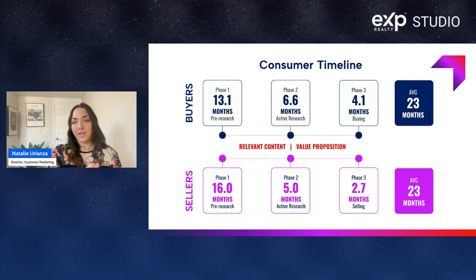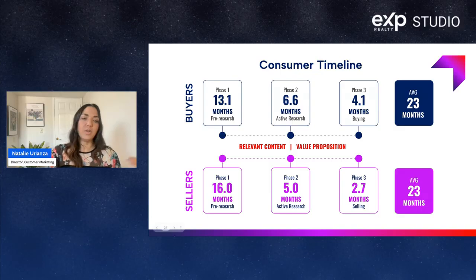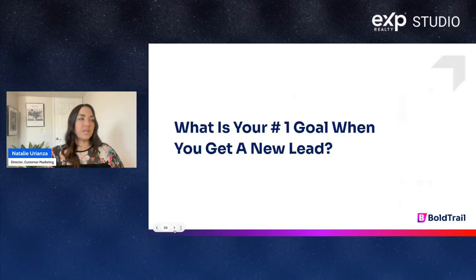They only care about the content you have. And I won't spend too much time on phase 3 because you've all worked with somebody in phase 3. This means you're transacting. This is a really high touch, personal interaction kind of phase. And you're doing buyer's agreements, you're doing showings, you're putting the home up for sale, whatever it is. So you're all familiar with that part of the timeline.